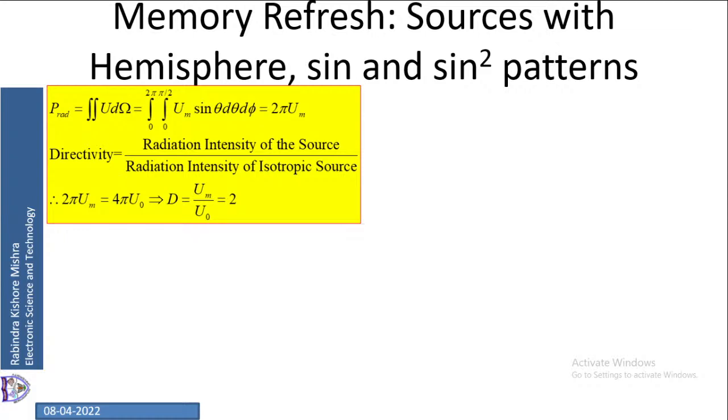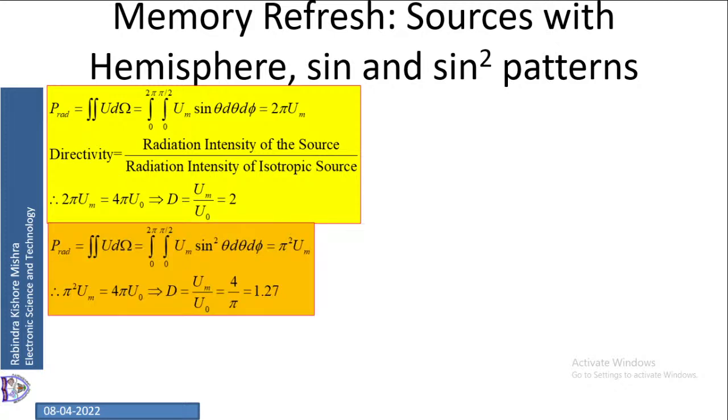Directivity is the radiation intensity of the source by the radiation intensity of the isotropic source. So you can write 2 pi um is equal to 4 pi u0, u0 being the radiation intensity of the isotropic source. So from that you can say D is equal to um by u0 is equal to 2. This is for a hemispherical antenna.